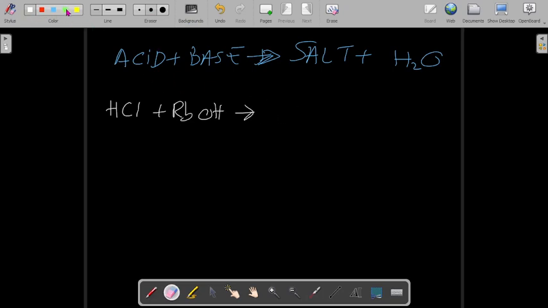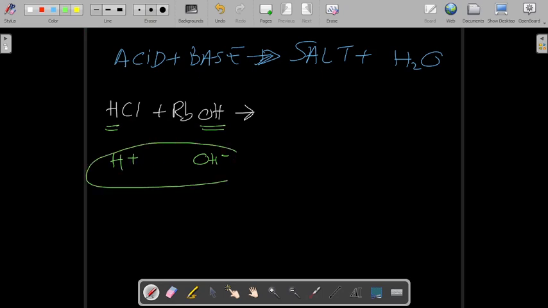Okay, so here is your hydroxyl ion. It will combine with this proton right here to create your water. So here's your water, H2O. And what is left? You have this right here, which is a negatively charged ion, and you have your rubidium, which is a positively charged ion.